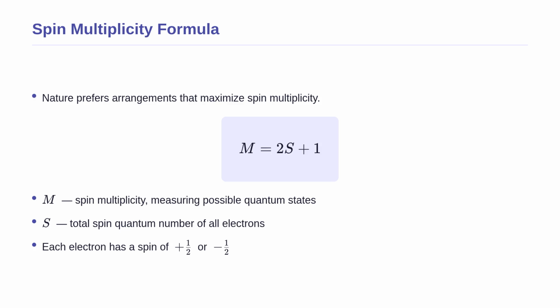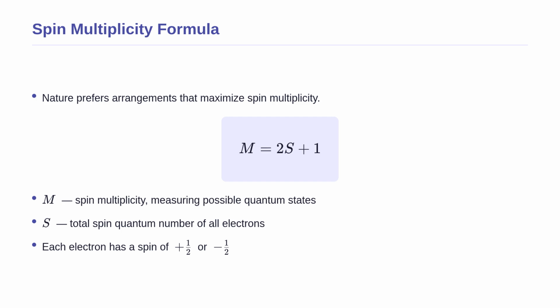This brings us to the mathematical side of Hund's rule. Nature always prefers the arrangement that makes the spin multiplicity as large as possible, because a higher multiplicity corresponds to a lower, more stable energy state. The formula for this is m equals 2s plus 1. Here, m represents the spin multiplicity, which is a measure of the number of possible quantum states for the system based on its spin.